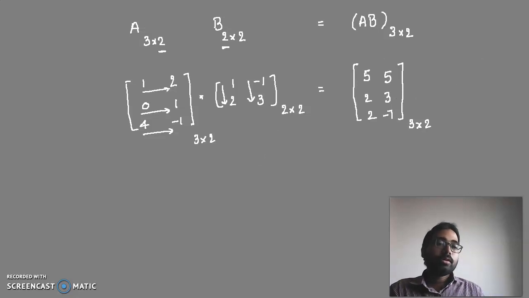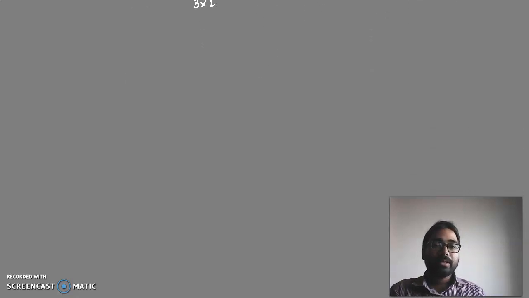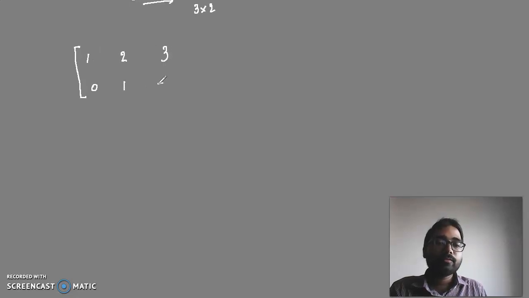Now, let us take one more example. Let us take a 2 by 3 matrix, so 2 rows and 3 columns: 1, 2, 3, 0, 1, minus 4.